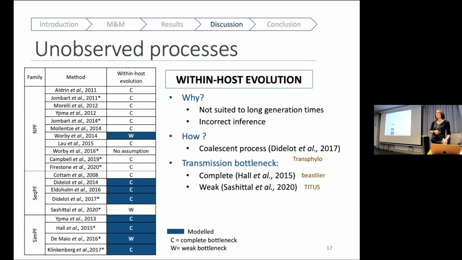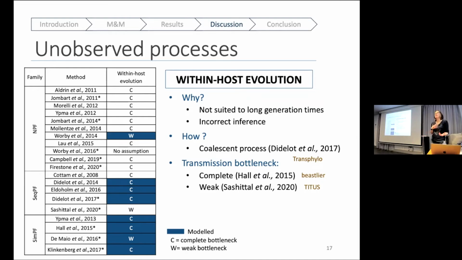The second process is within host evolution. Ignoring the fact that mutation occurs within host is not suited to pathogens where within host evolution is non-negligible, such as pathogens with long generation times.